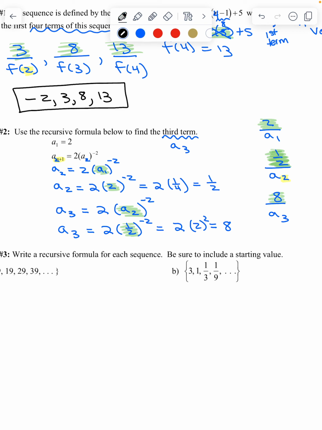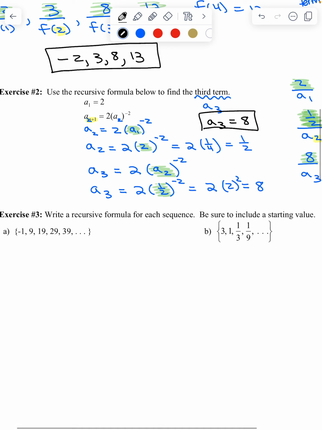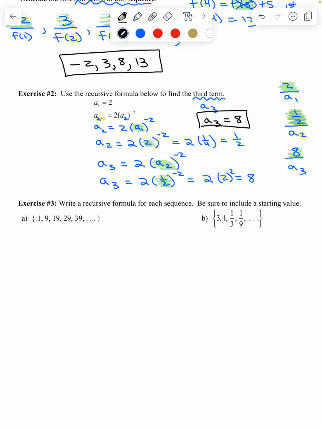So now I have my answer. They wanted the value of the third term. The value of the third term is 8. And you do need to show work for open-ended questions. So I would expect to see everything I have here for question number 2 on paper.